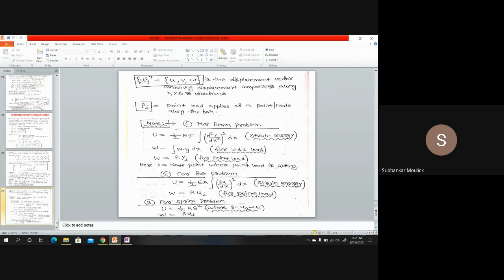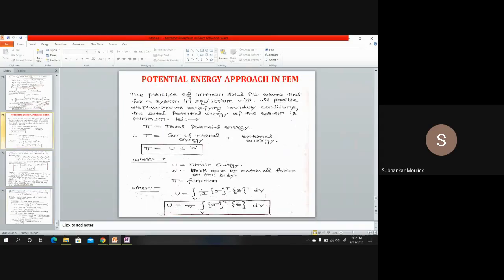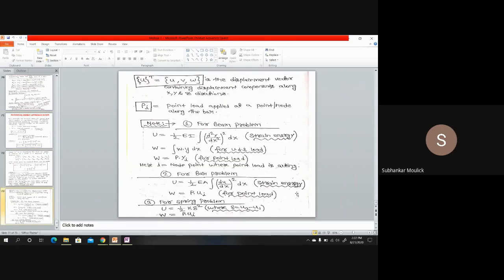In the next class we will start the Rayleigh-Ritz method straight away. In the Rayleigh-Ritz method, the very first step is formulation of the potential for any problem. Then we minimize that potential to find the value of the unknown constant. Then we substitute that unknown constant in the given trial solution to get the approximate solution for the problem. Is it clear? Any doubt?